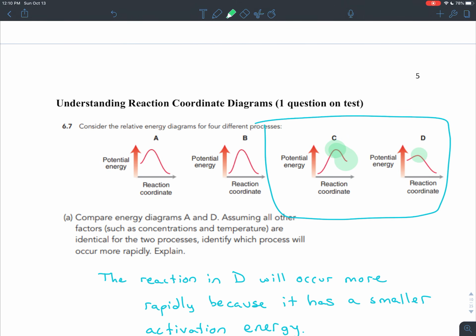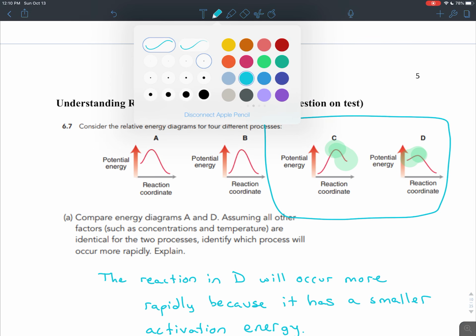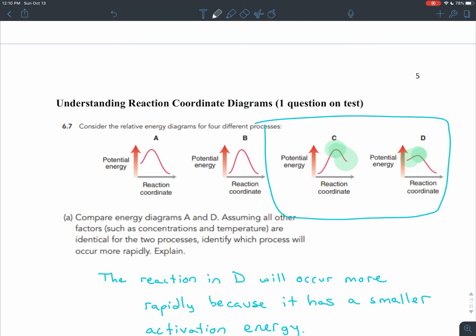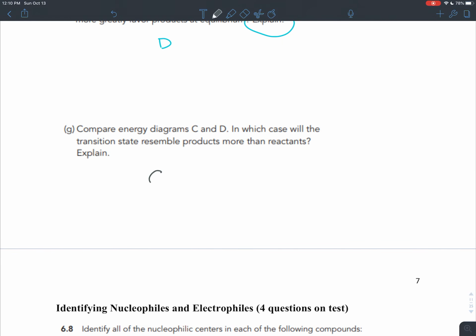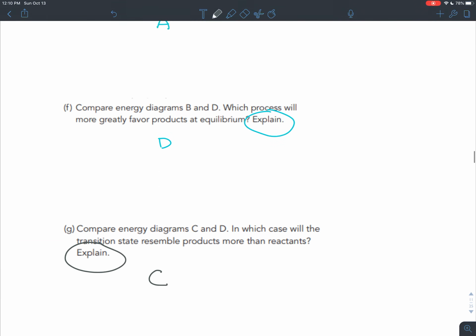In D, the transition state will resemble whatever is closest to it in energy, and that's reactants. So in this case, the transition state that more closely resembles products is C, and you would want to write down the explanation, which is that the transition state in C is closer in energy to the products, and so it will look more like the products.